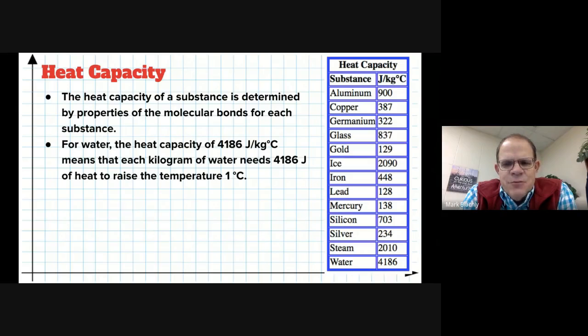See if you can see a 4,186 laying around. Anybody see one? If you see it, unmute yourself and tell us where it is.